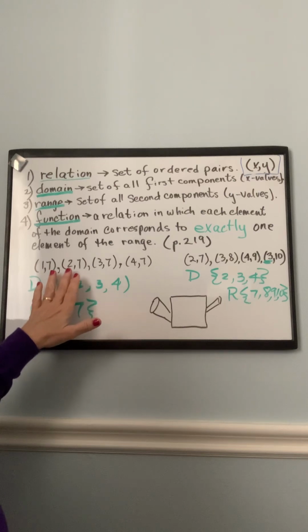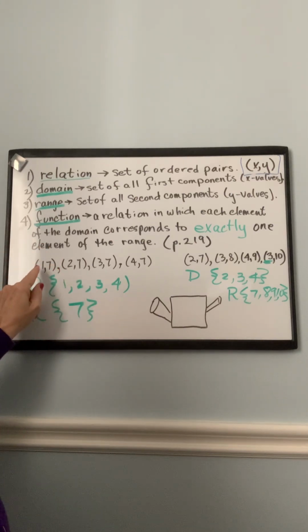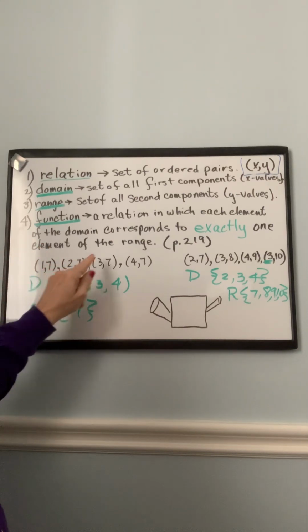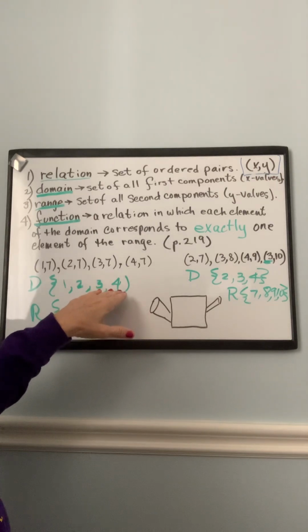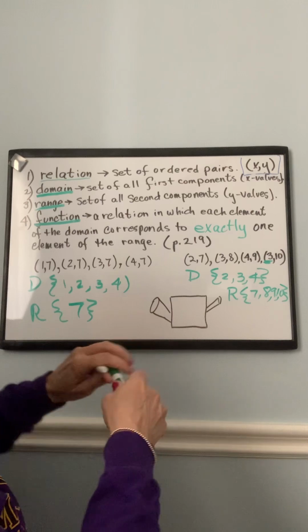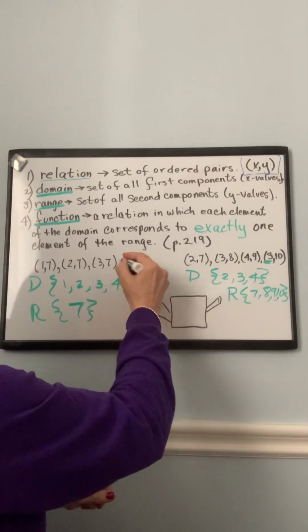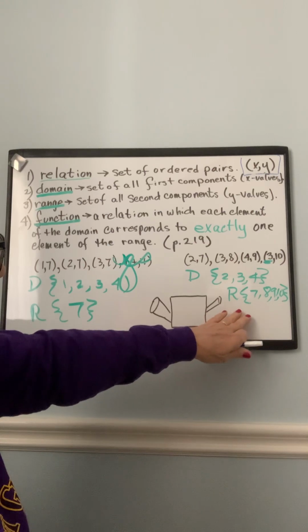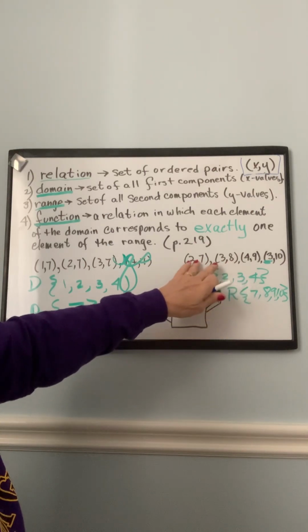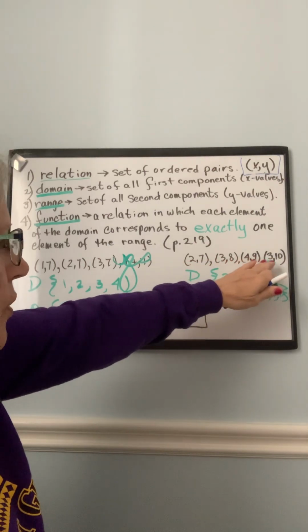Now in this first relation, we have 1, 2, 3, 4 in our domain. No domain value is repeated. So for this one, I'm just going to write a great big yes, it is a function.